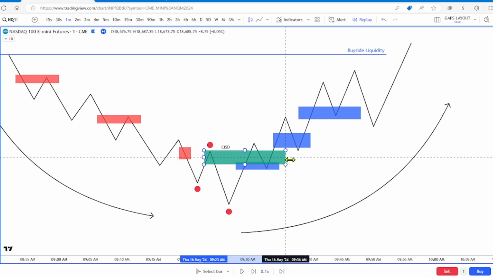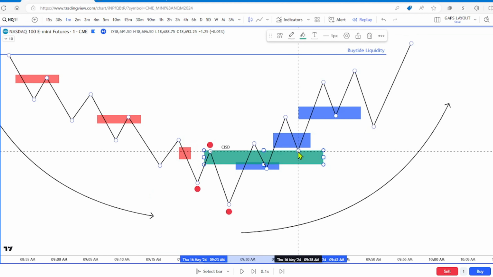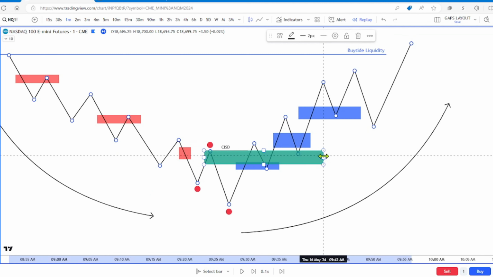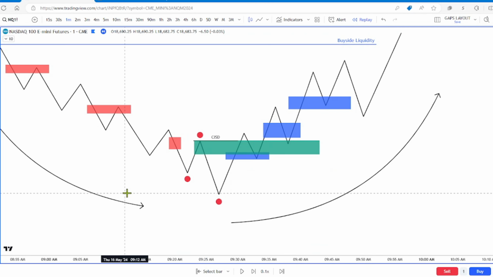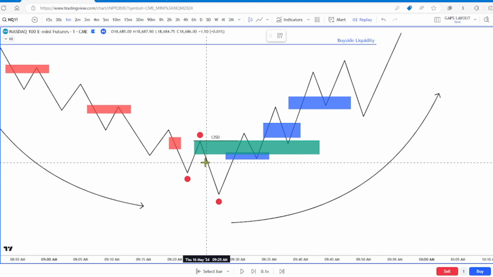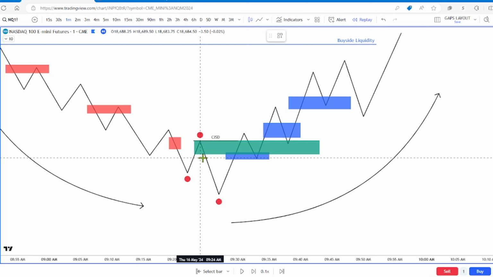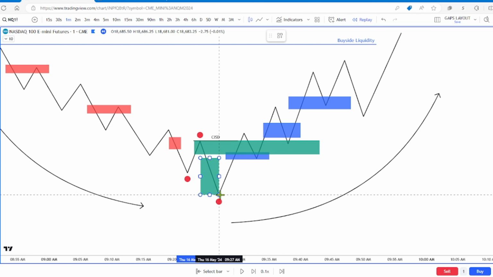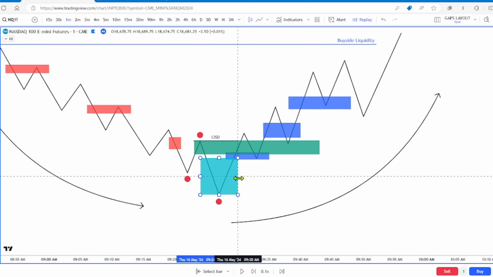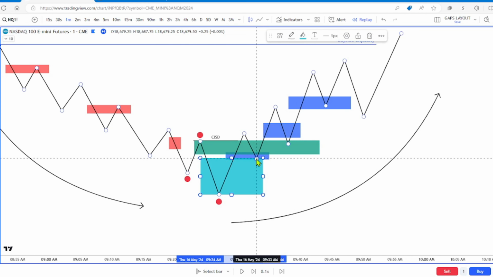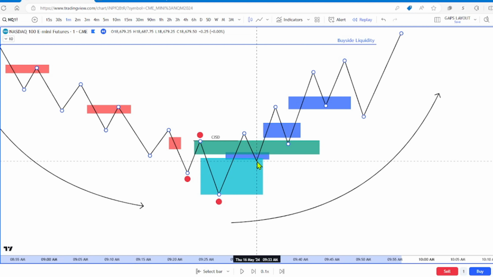Can also be your breaker that price taps into, bullish breaker. And there can also be, more than likely, through in here, order blocks that we tap into, maybe here.